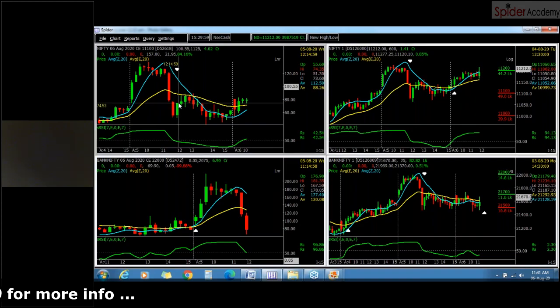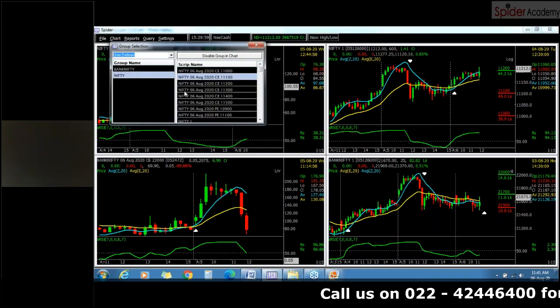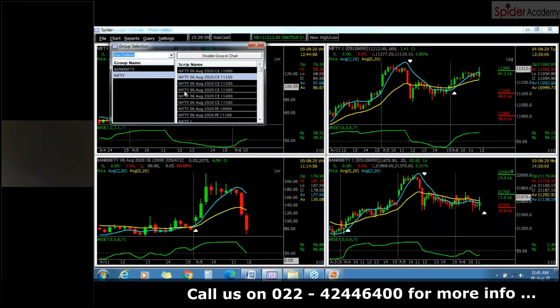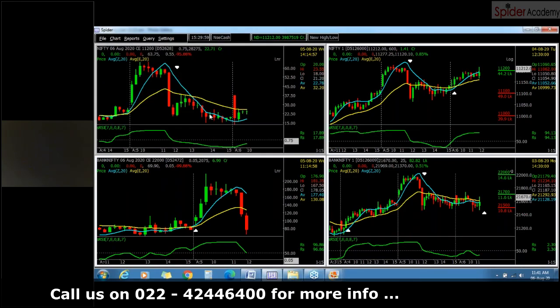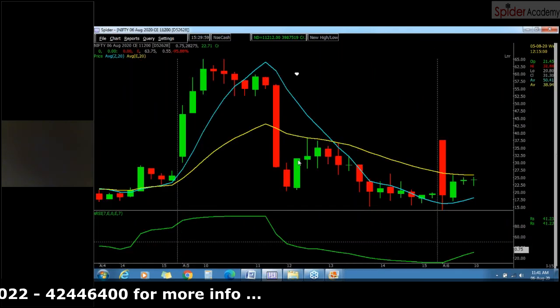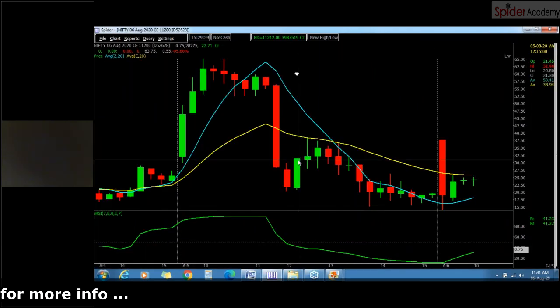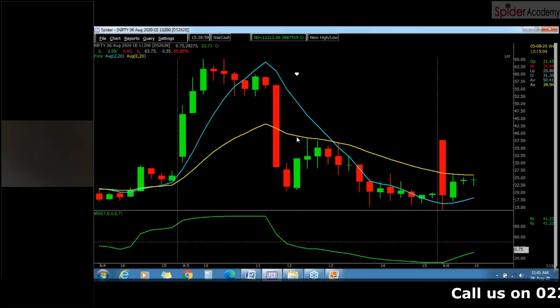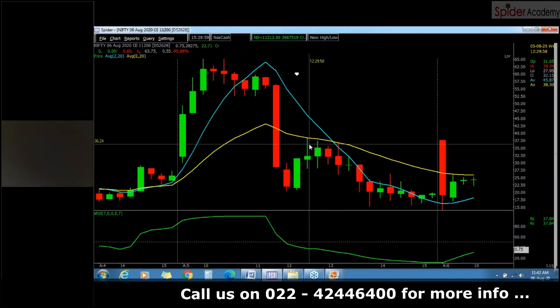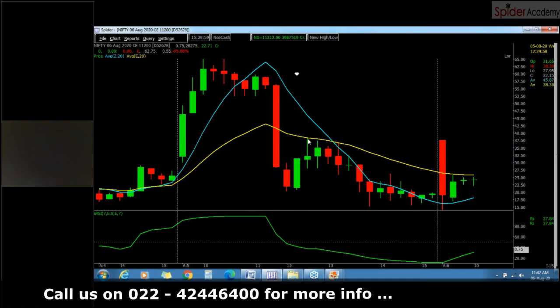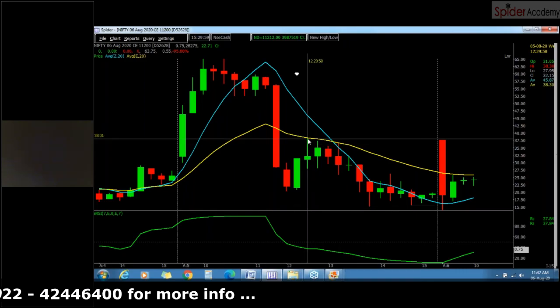Now we will look at 11,200 call. Here, as we can see, I will zoom this chart. On this candle we had a stop loss of 38.95, or we can round off to 39. It made a high of 38.30, which was near our stop loss, and then it moved down.